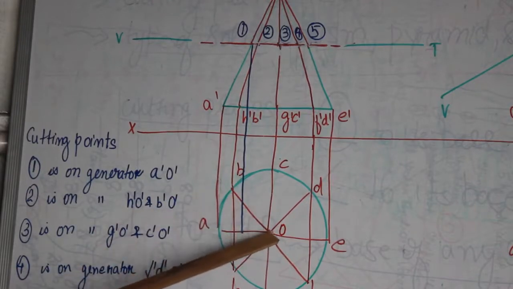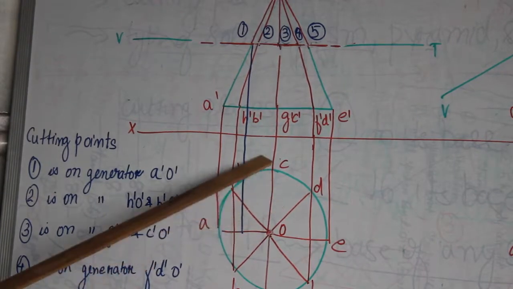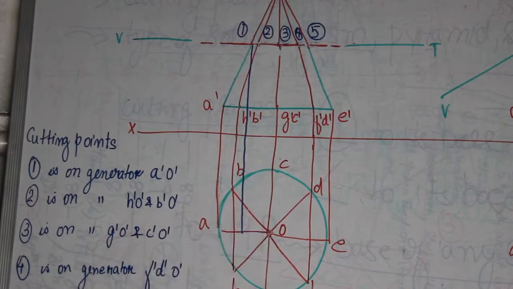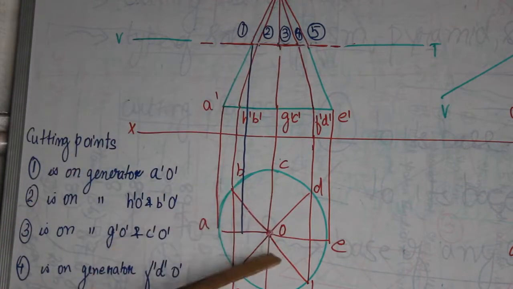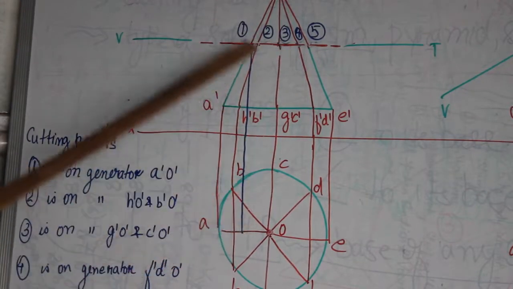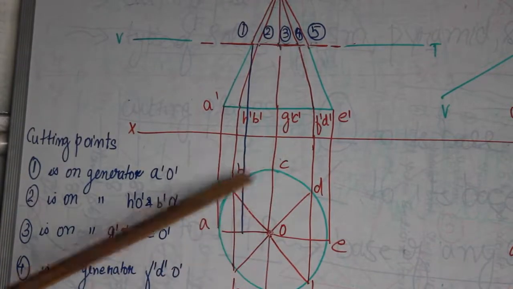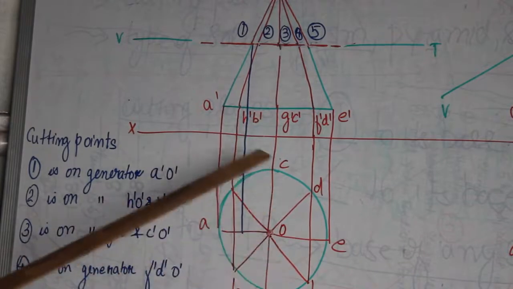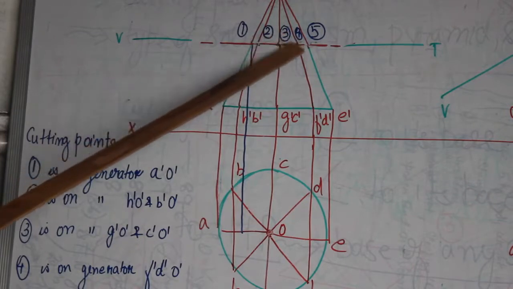You will take the same radial distance by keeping your compass pin on point O and point 2 in the top view and drawing a radial intersection with the generators CO and GO for this point 3 to be in the top view. Likewise, when we have all the cutting points from 1 to 5 in the top view, we'll join all those cutting points with freehand. I'll show you in the example how we are doing it from 2, 3, 4, 5.